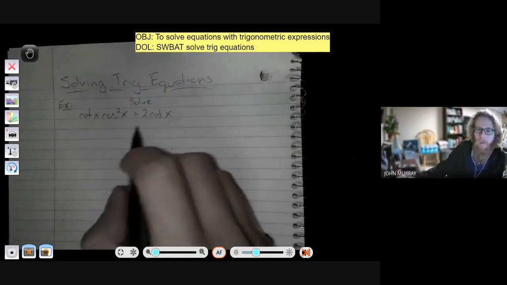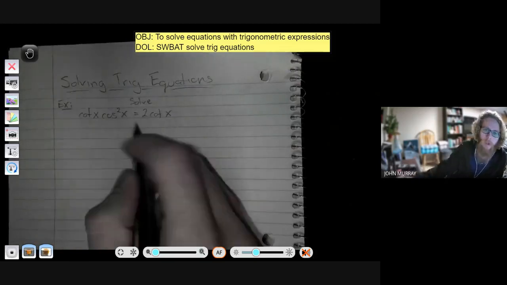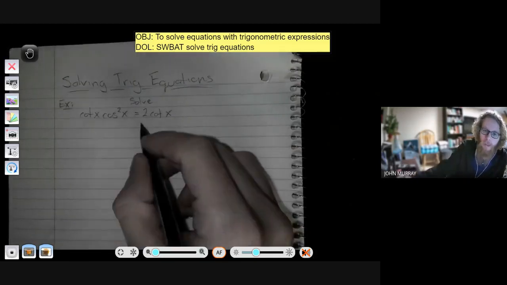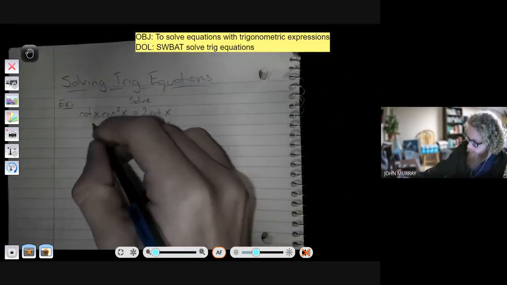But what I can do is move everything to one side, right? That's part of the things that we try to do, is try to move all the variables, all the x's, to one side of the equation. So I'm going to subtract 2 cotangent x from both sides.